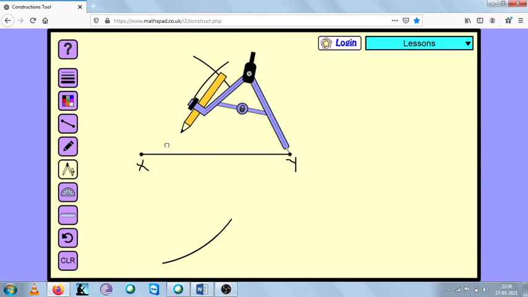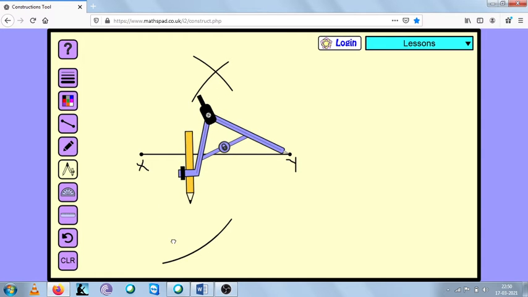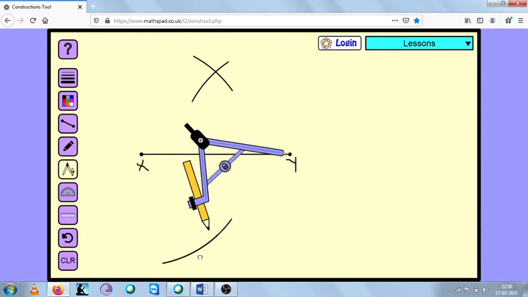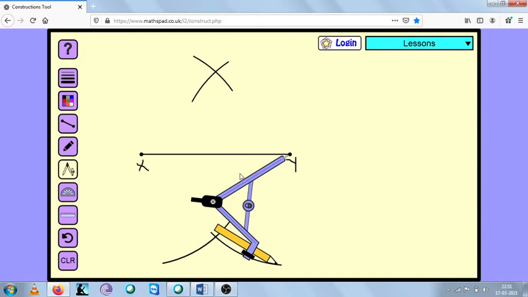See the way it is done. The distance should not be changed, more than half the distance from X to Y, as well as from Y to X. Now you got two arcs, up and down, of segment XY.